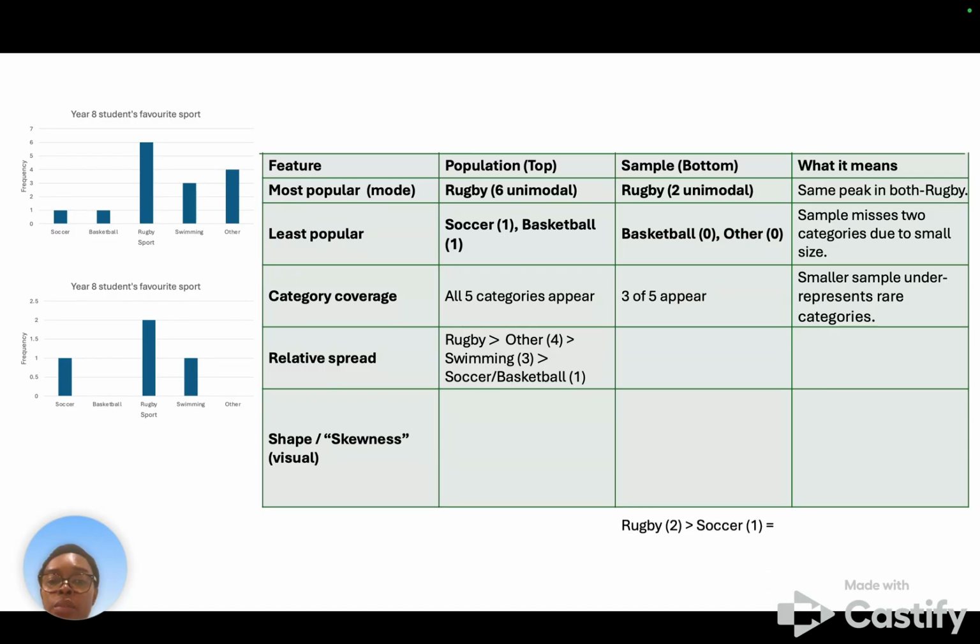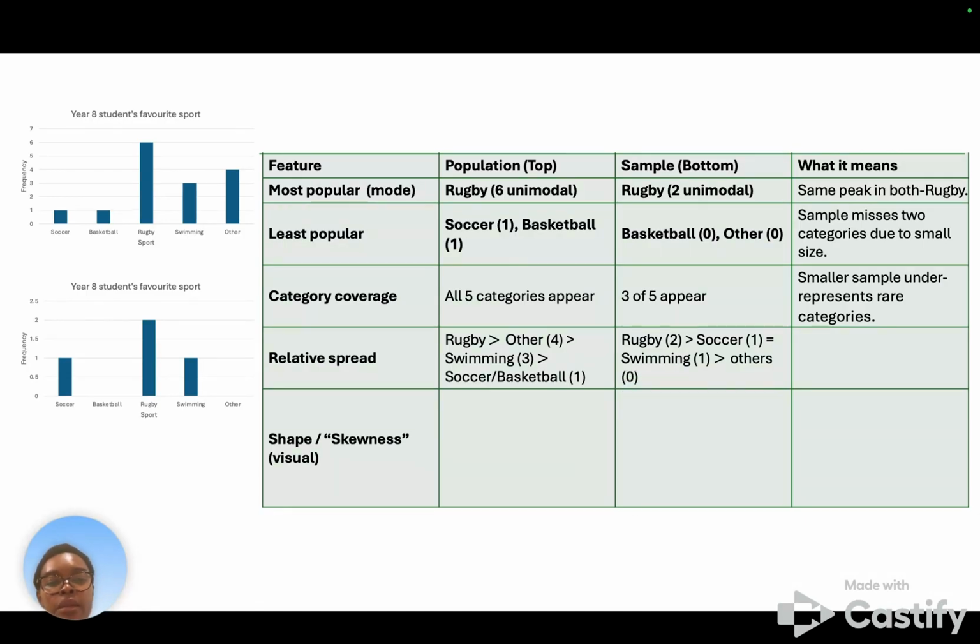Now looking at the bottom one, it has rugby as the highest frequency, which is greater than soccer and swimming, which have the same frequency of 1. And they in turn are greater than basketball and other, which have a frequency of 0.